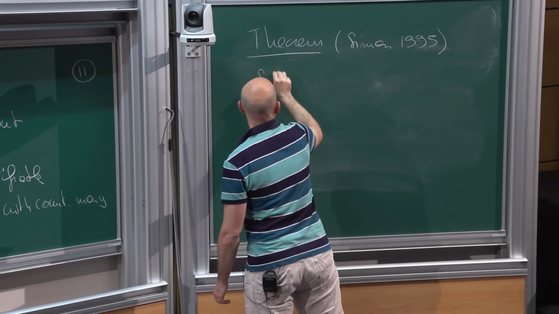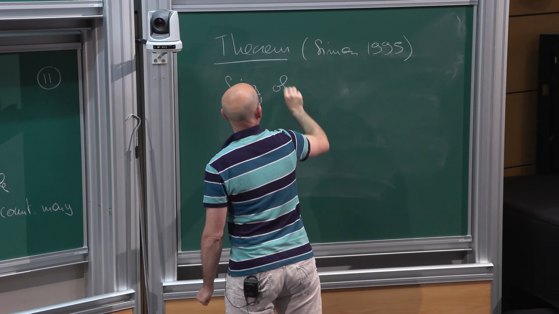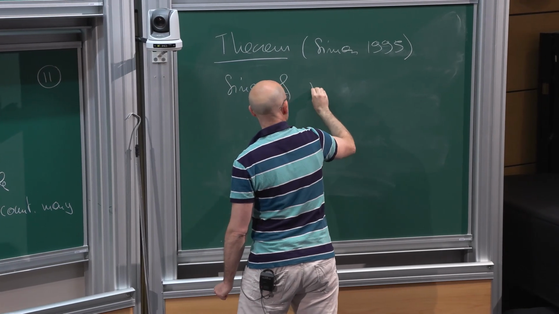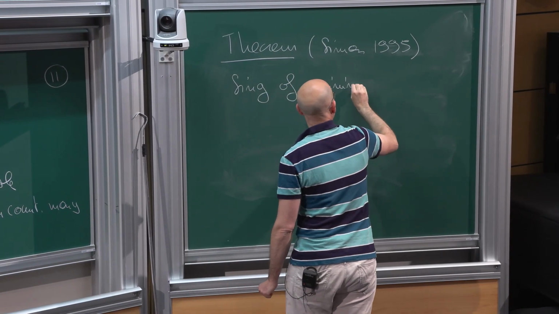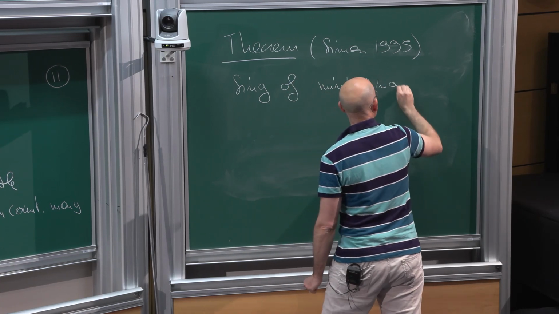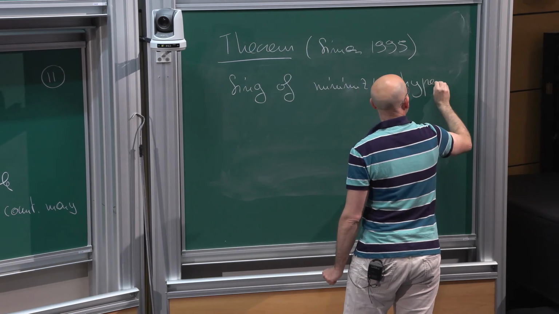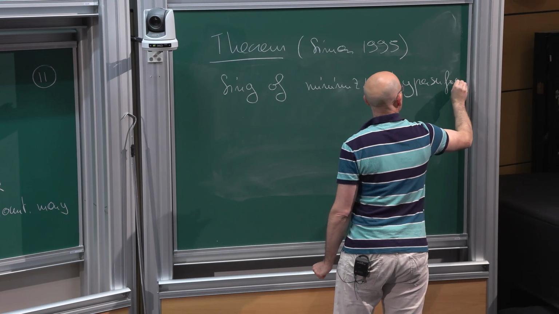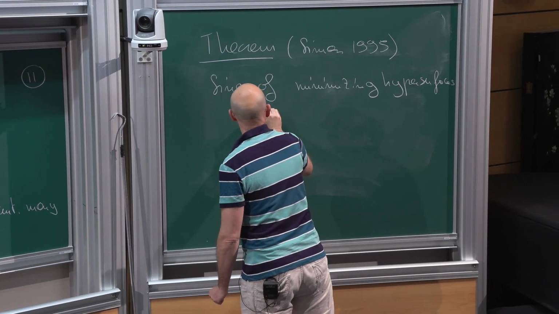So the singular set of minimizing hypersurfaces is m-7 rectifiable.